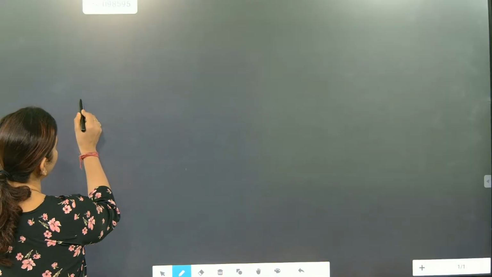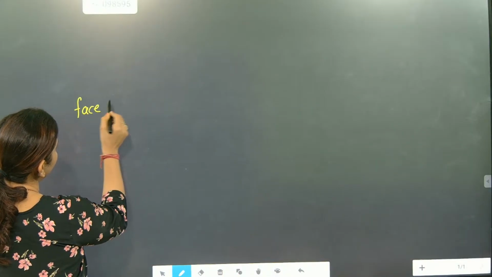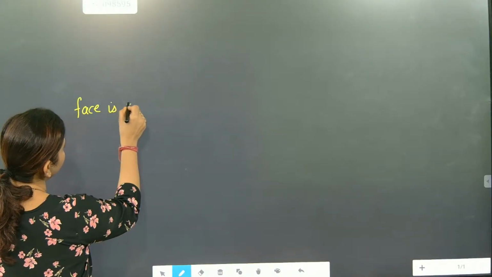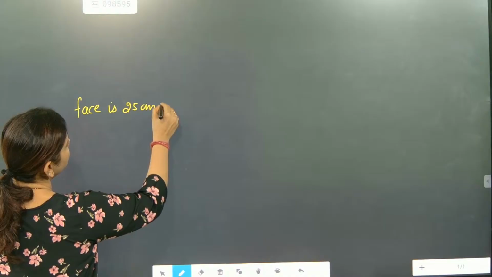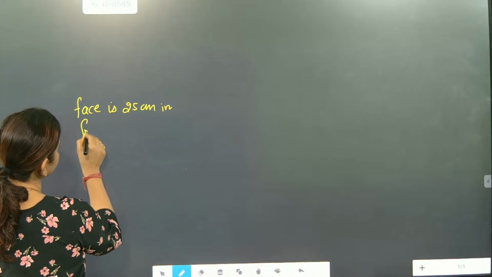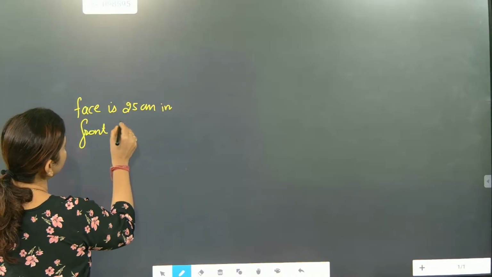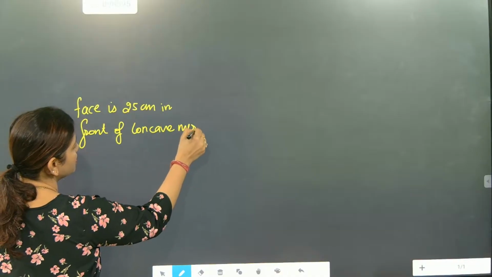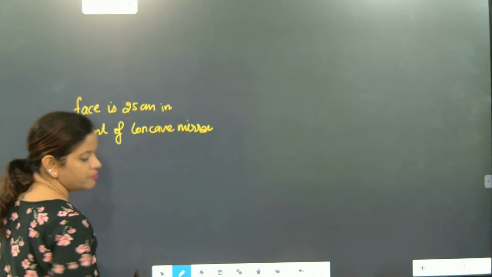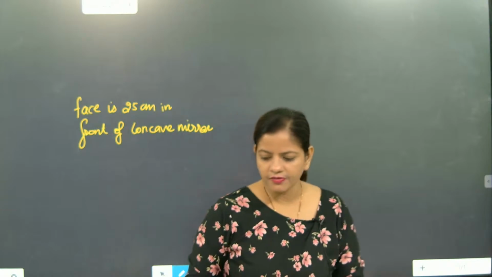What is the size of the face of the man? The man's face is 25 centimeters in front of a concave mirror.